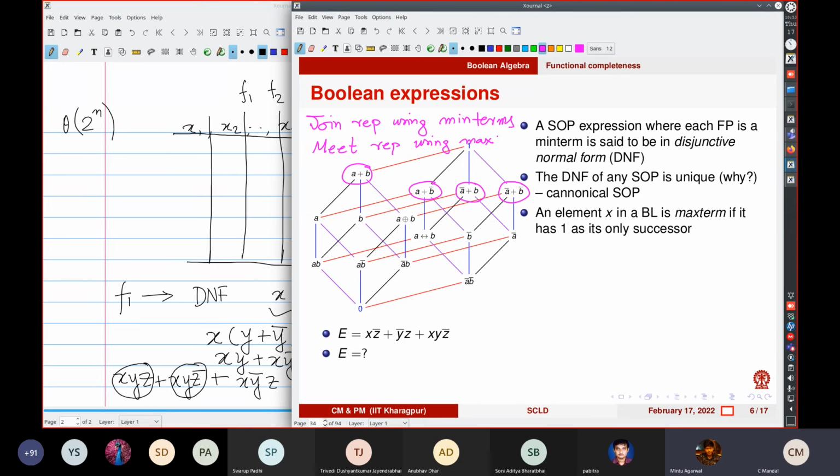It is exactly the dual. Just as you can express an element as the join of the min terms, you can also express it uniquely as the meet of the max terms. One is the dual of the other.